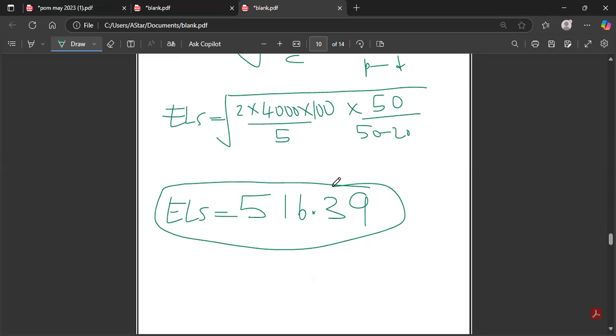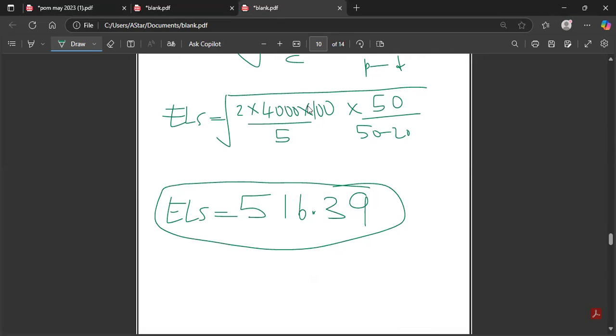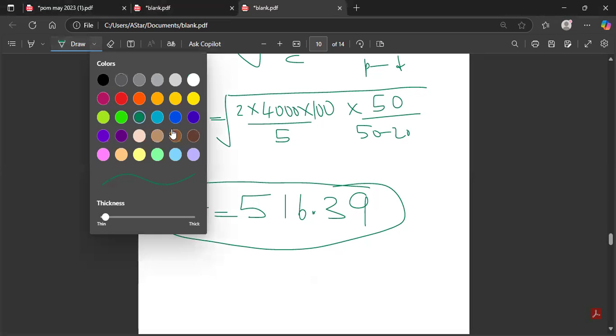Okay. So once you get that one correct, it means that you have gotten everything correct. So what of the average inventory? First find the maximum inventory first.